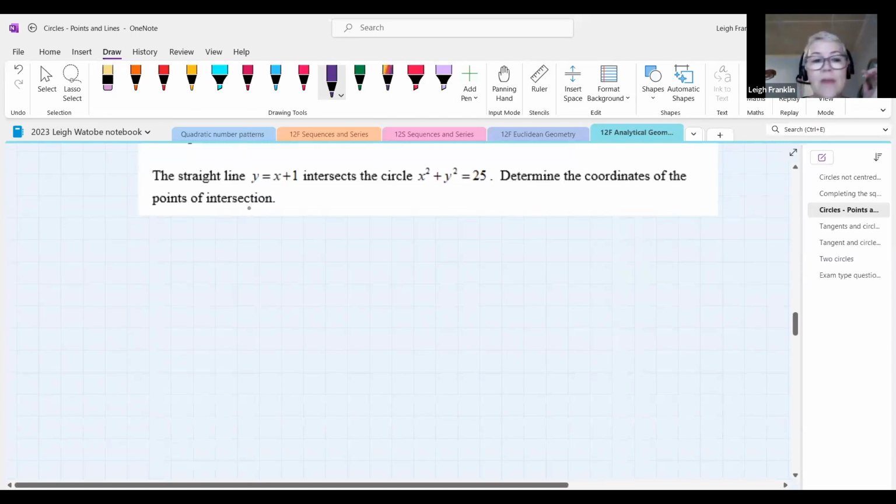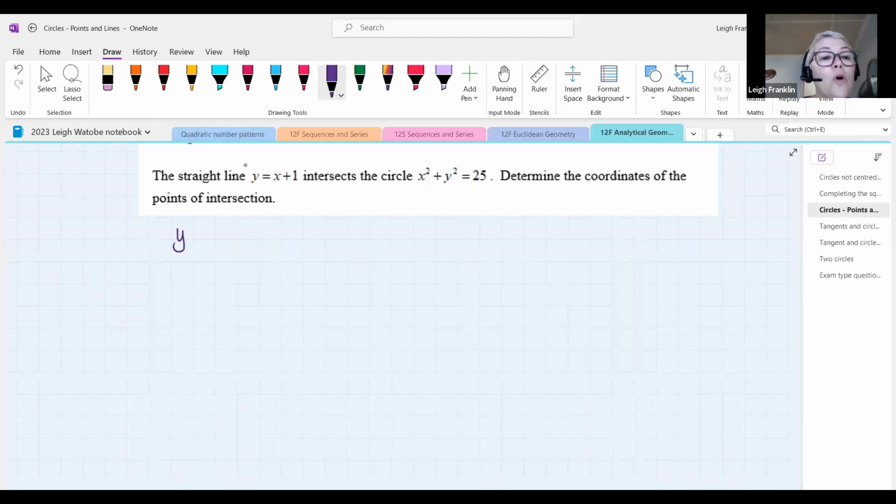Okay, so in this case, what we would do is consider the equation y equals x plus 1 as equation number 1. We would consider x squared plus y squared equals 25 as our second equation.